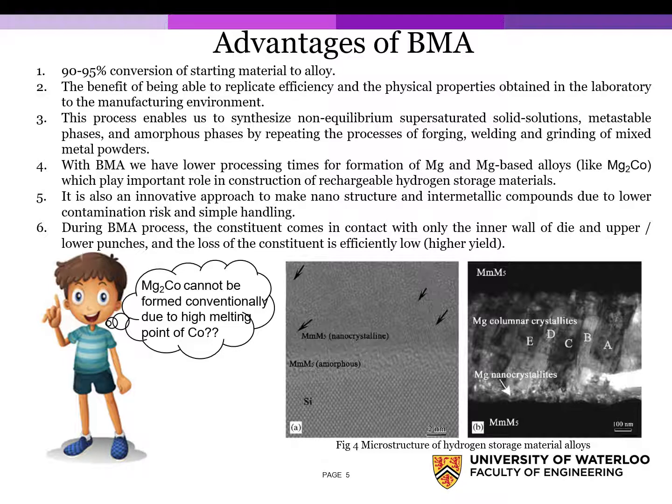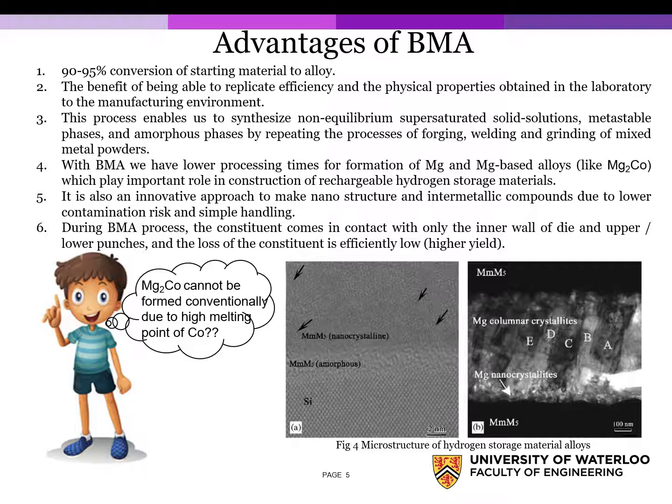This process enables us to synthesize non-equilibrium saturated solid solutions, metastable phases, and amorphous phases by repeating the processes of forging, welding, and grinding of mixed metal powders. With BMA, we have lower processing times for formation of magnesium and magnesium-based alloys, which play an important role in construction of rechargeable hydrogen storage materials.